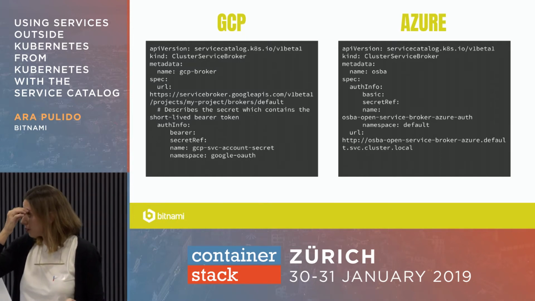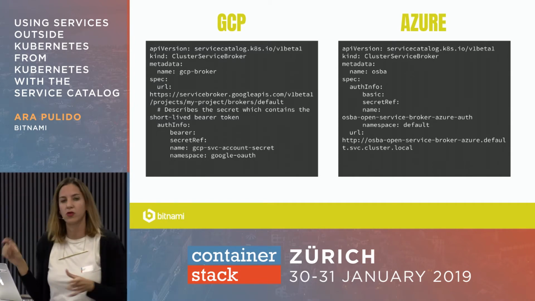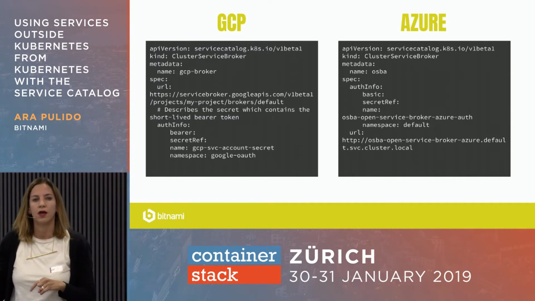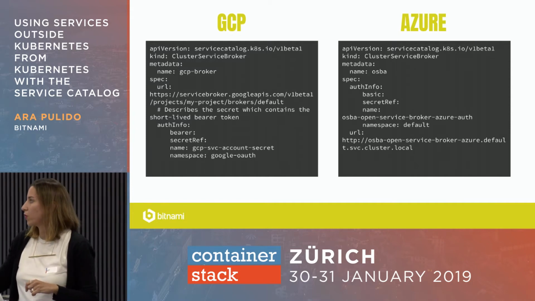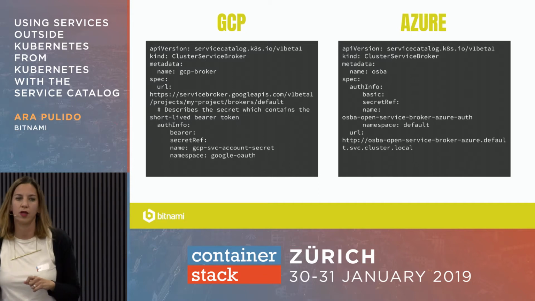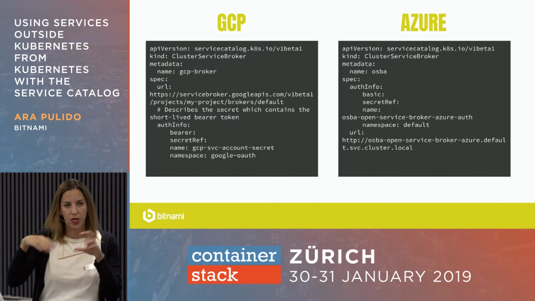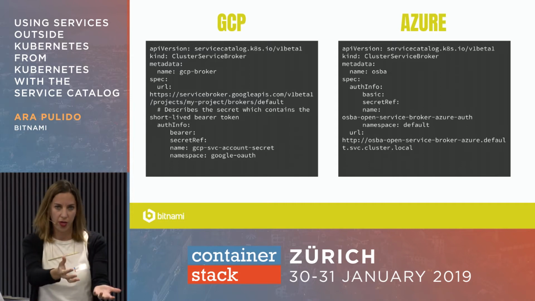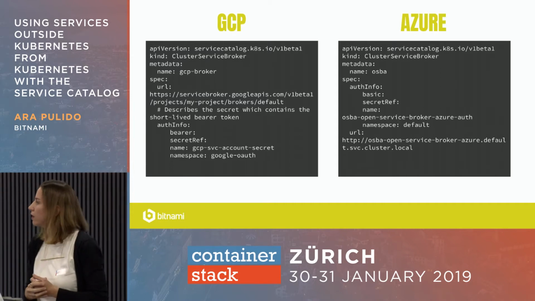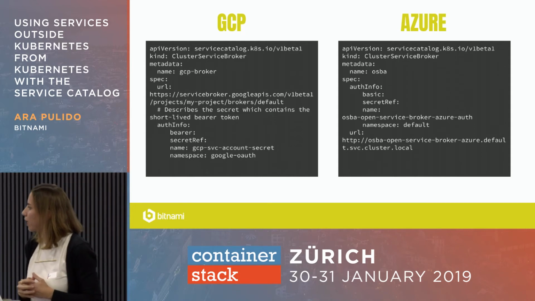And then it has a spec. And the spec is very simple. You just have a URL that is the endpoint to talk to the broker, and some auth information to connect to the endpoint. Obviously, if you want to use any of these cloud-managed services, you need to provide your credentials to that service so you're billed correctly and you're using your account.